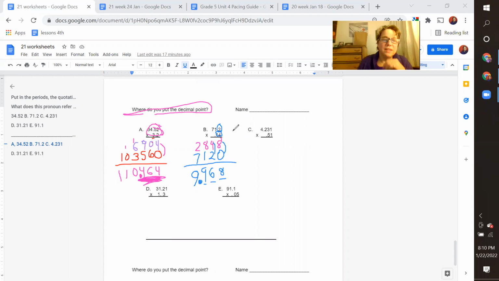Now, interesting, right? I see that 71 is a big number. Let me erase this so you can see. 71 is a big number, but I'm multiplying it by a fraction. And so my answer is smaller than 71 because I'm multiplying it by a fraction or a decimal, which is so tiny.